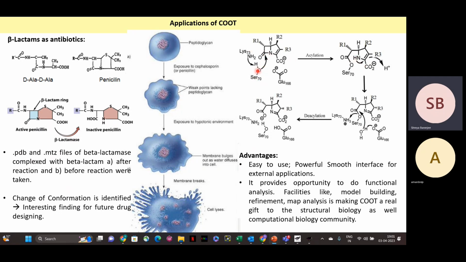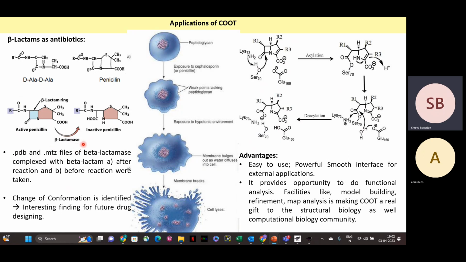So this serine O is attacking this double bond, and this NCO bond is breaking, becoming NH, and serine is attached to this side. Then once again, this nitrogen is rearranging. The double bond is rearranging, and you can see in the final product, there is a deacylation. So this mechanism was predicted using Coot, and it was understood how the activity of antibiotics can be deactivated using beta lactamase.